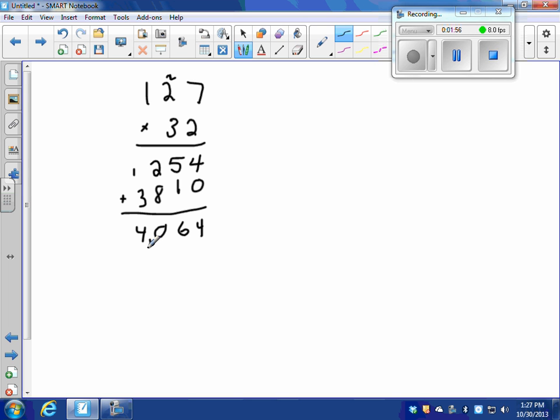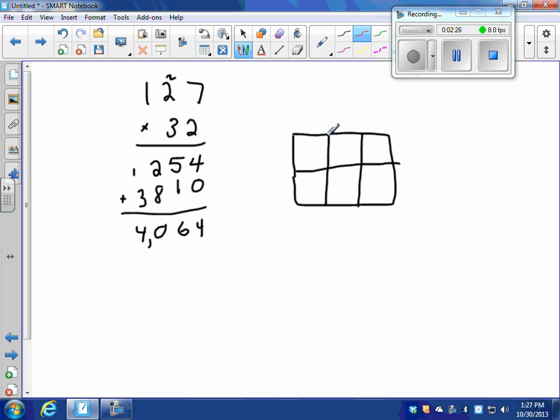Now I could also solve this using one of my other strategies. I think lots of you liked the grid method, or sorry, the lattice method of multiplication. So if I wanted to do that, I just draw my box. And maybe I'll just choose a different color here.